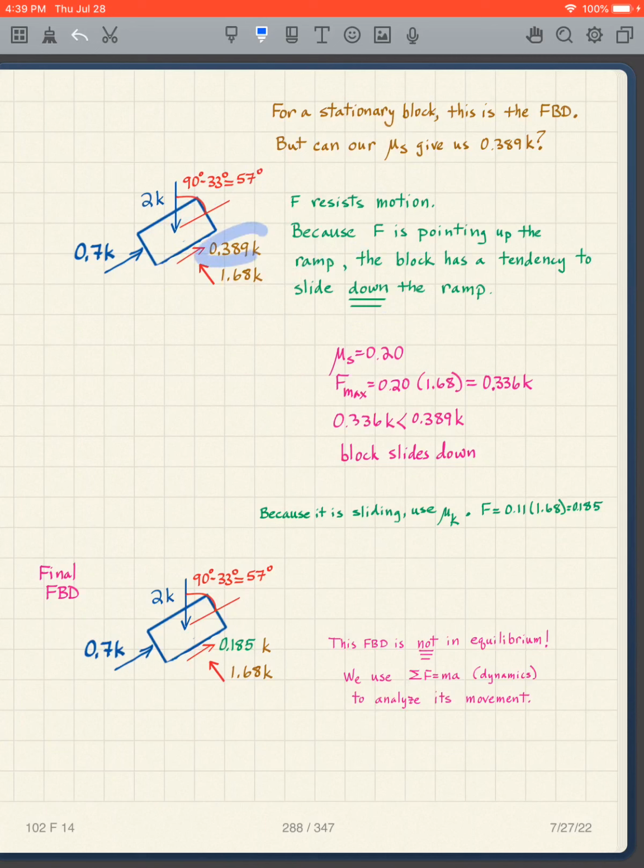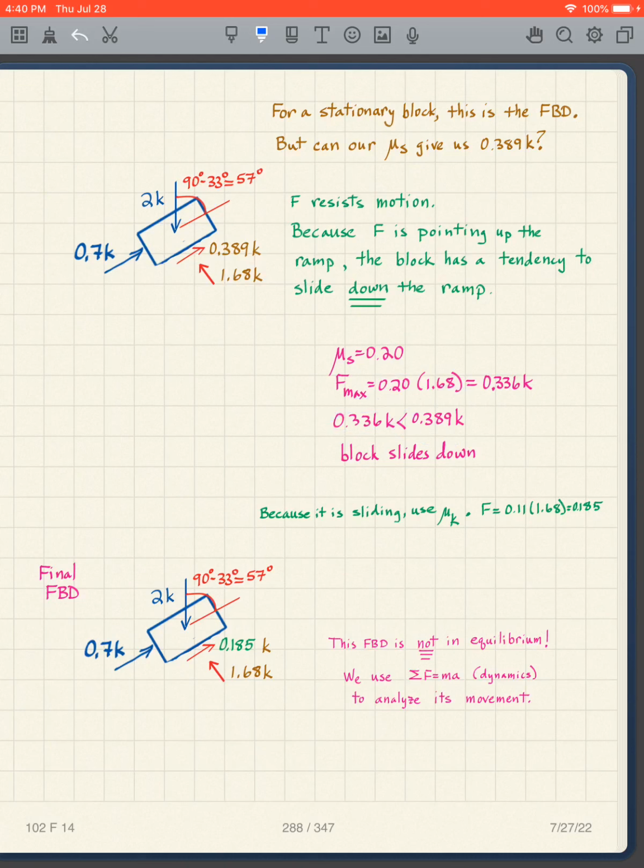Now the question is, can I get that friction using the coefficients of friction that we've been given? Well, mu static is given to be 0.2. That means our F max, the maximum friction that we can get, is 0.336. Well, guess what? 0.336 is less than 0.389.